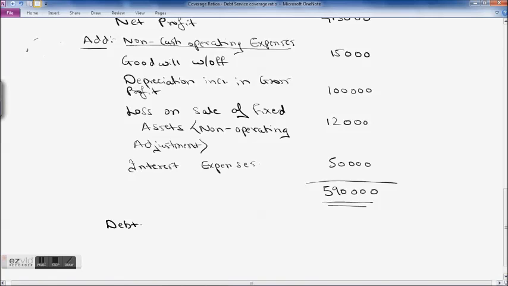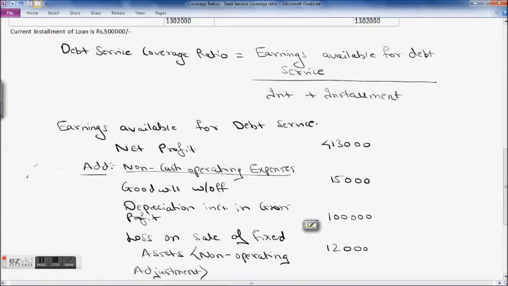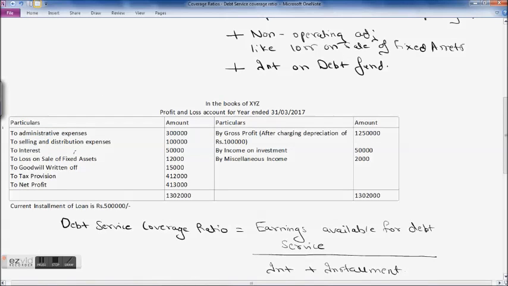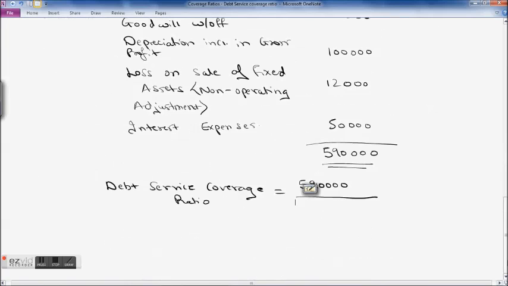Now your debt service coverage ratio will be calculated. The numerator is earnings available for debt service, that is 5,90,000, divided by your interest plus installment. Interest is 50,000, which is given in your profit and loss account. Installment is given, the current installment of the loan is 5 lakh, so divide by 5 lakh, that is installment, plus 50,000.